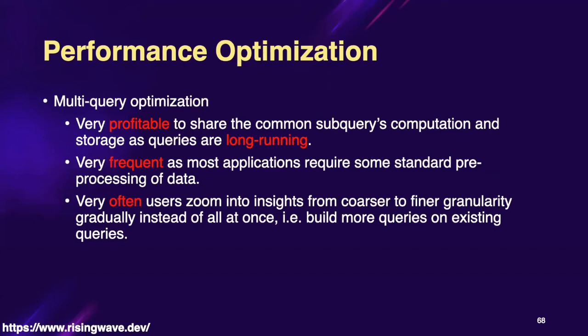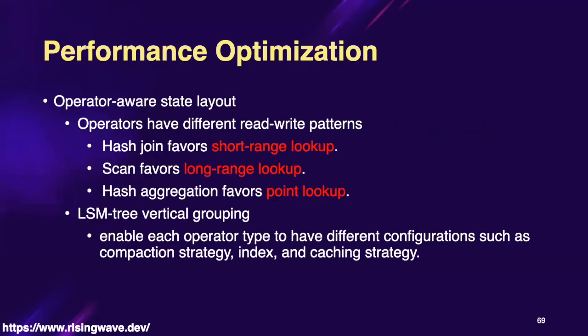So the pattern is that people build some query first, and then they gradually build more complicated queries on these existing queries, right? So this is the reason why introducing multi-query optimization is very important as a database, right?